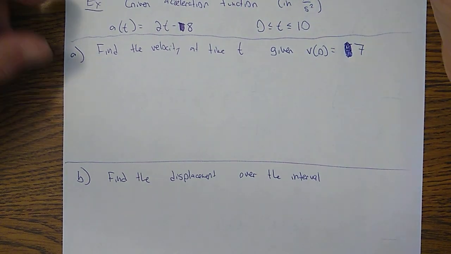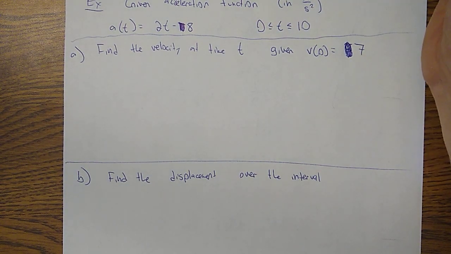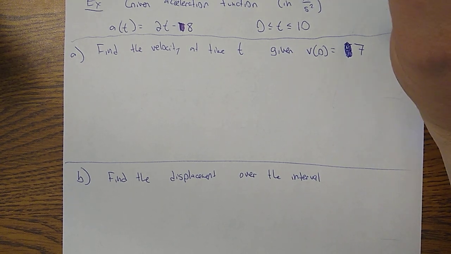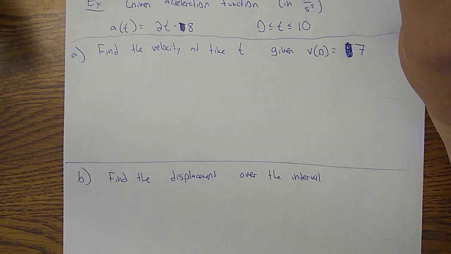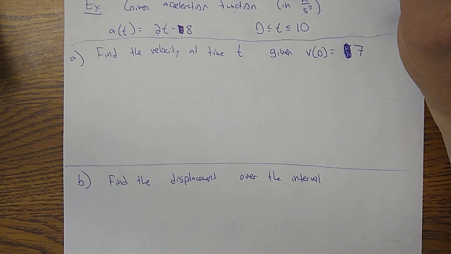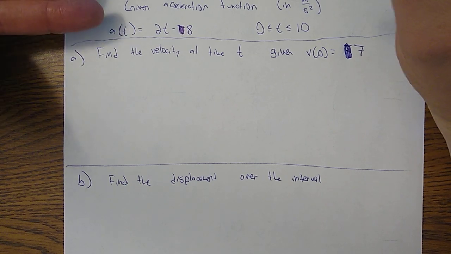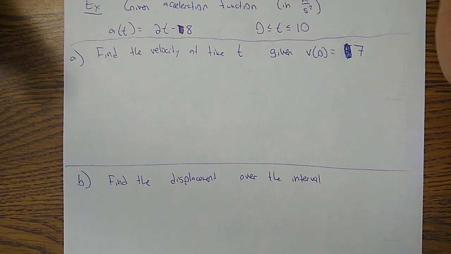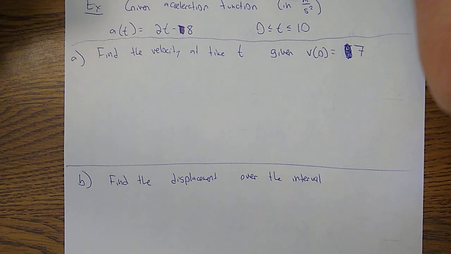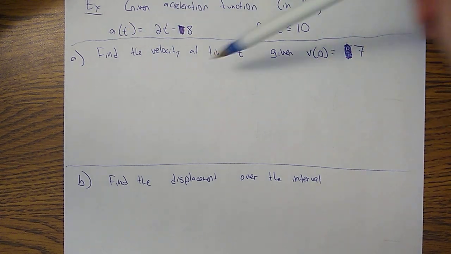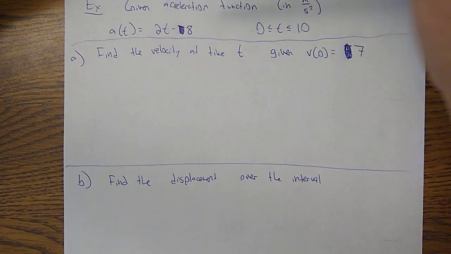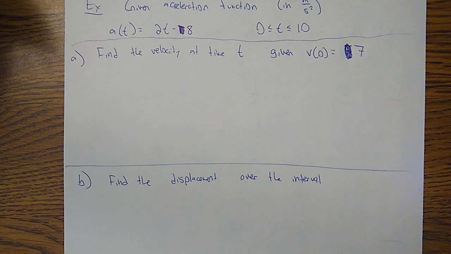What you need to know is that if you have the position function of a particle or an object, the velocity is the derivative of that, and the acceleration is the second derivative of the position function, or you could also say it's the derivative of velocity. So velocity is the first derivative of position, and acceleration is the derivative of velocity, which is the second derivative of position.